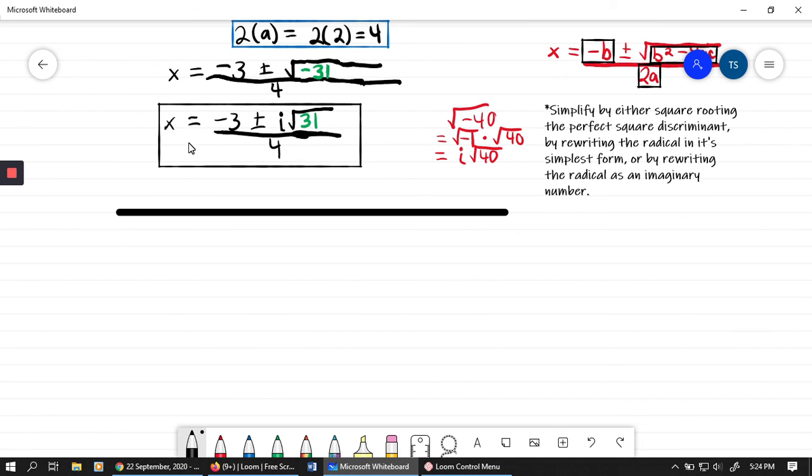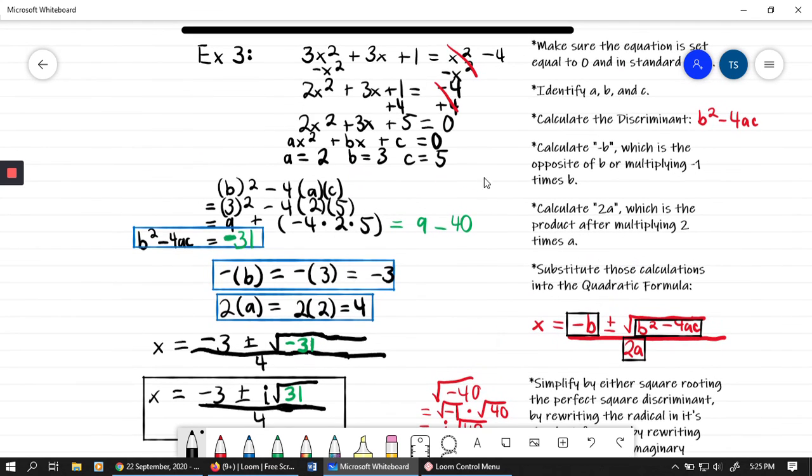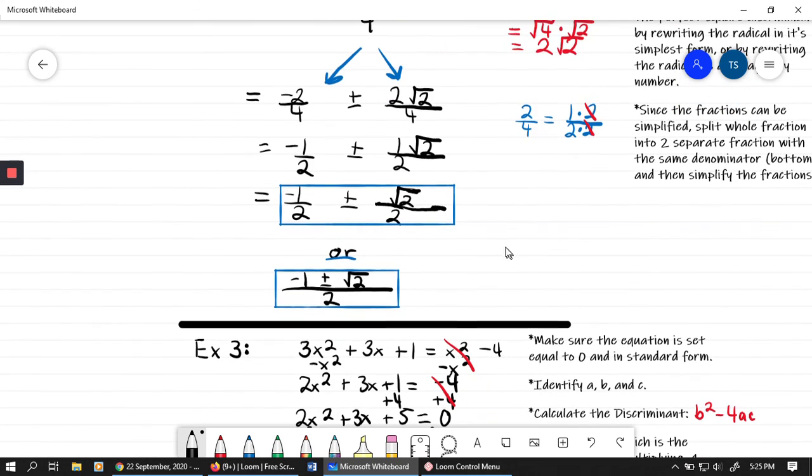This answer here, for example 3, technically could be written as two separate fractions as well. It could be written as two different answers, by writing one answer with a plus, one answer with a minus. But it could also be written as having two fractions, sort of like how we had this one here.